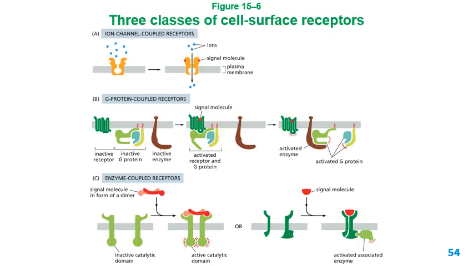And here we get to those interesting different types of surface receptors. So we have seen this guy before, okay? Ion channel coupled receptor. What was the example that we've seen before? Ligand-gated channel.